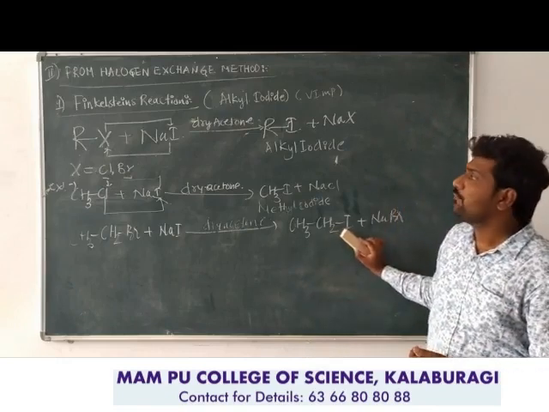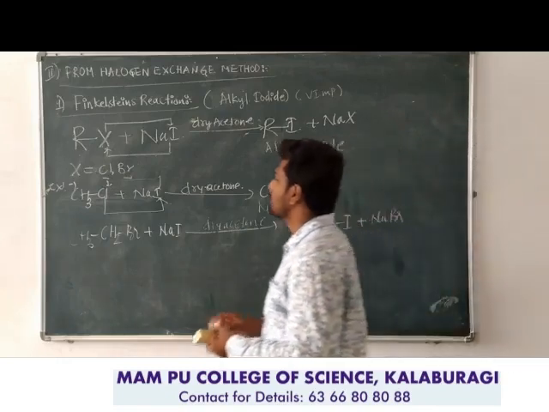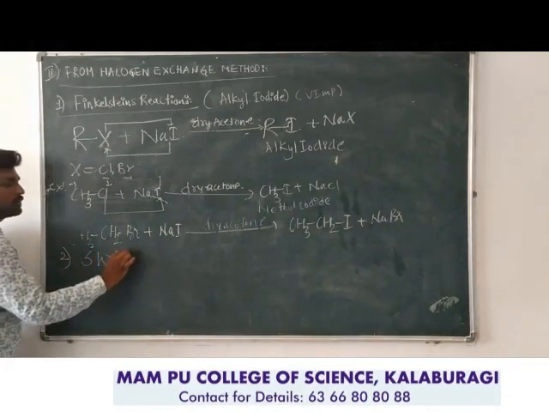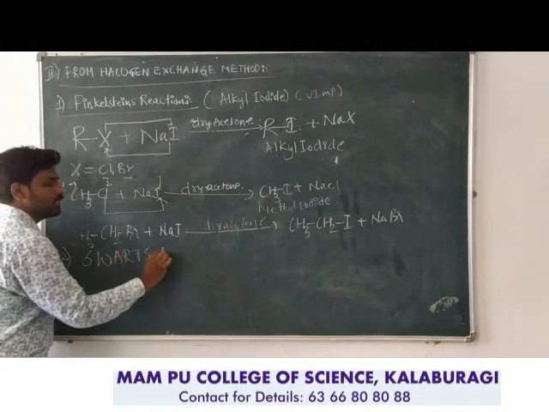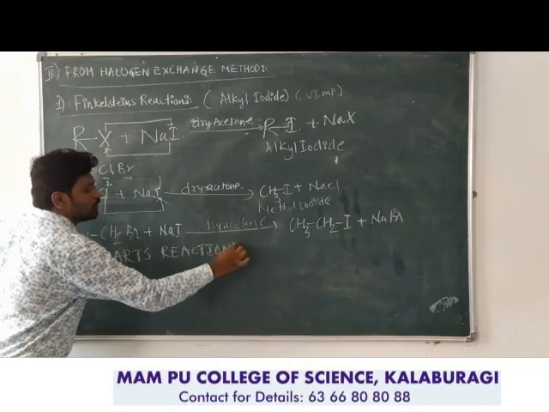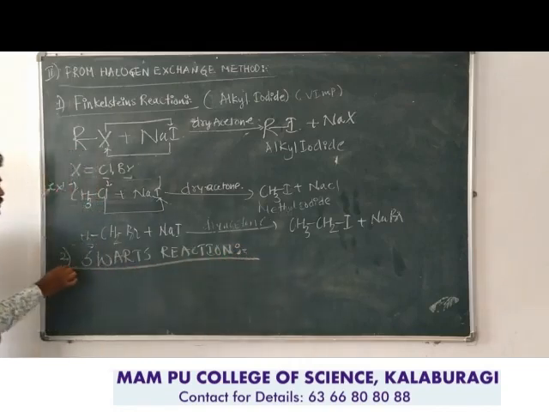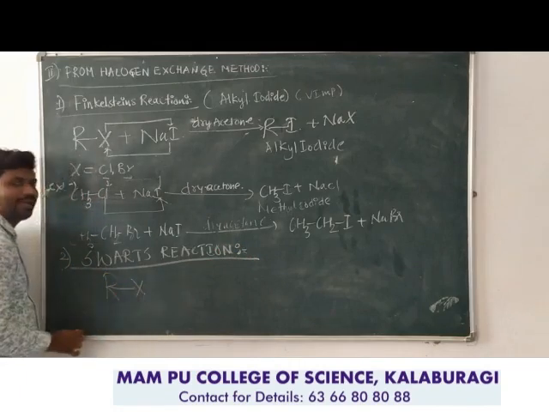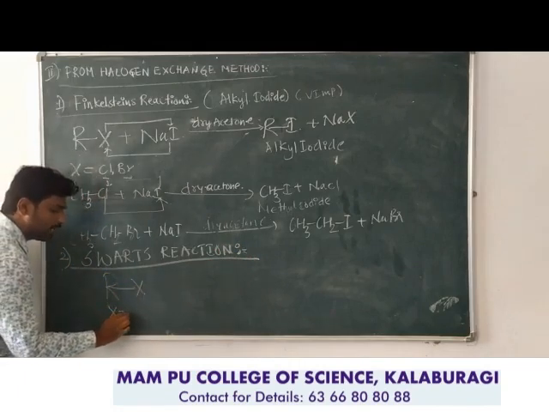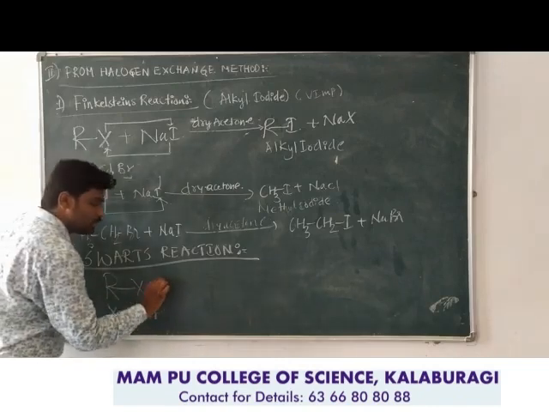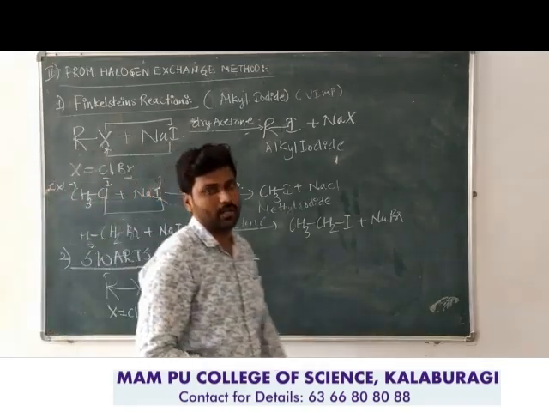Next we will go with the second reaction, that is Swarts reaction. Swarts is also the name of the scientist. This is also involved in the halogen exchange method. Here I need to take the same starting material, alkyl halide. That alkyl halide may be chloride or bromide, and it reacts with any metal fluoride.